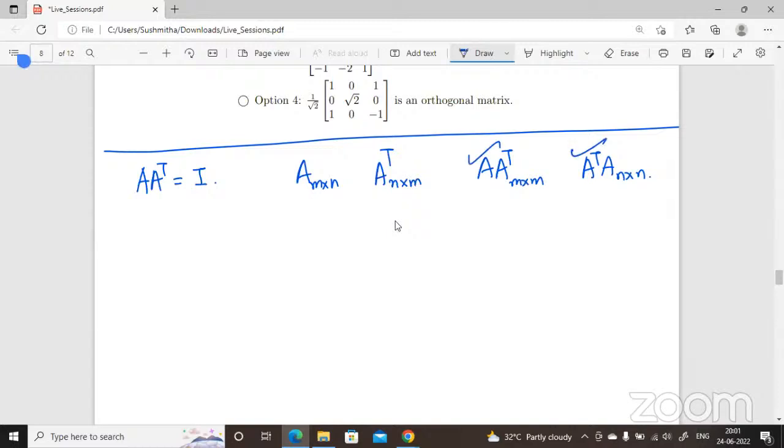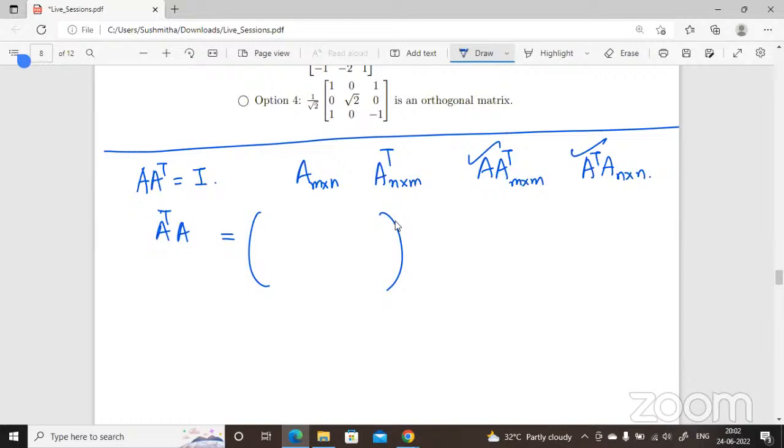Okay, what is happening when you do A transpose A? Let's take A transpose A first, that's easier to see. Aren't we doing the dot product again? Yeah, dot product of what? The same vector. Row vectors become column vectors.